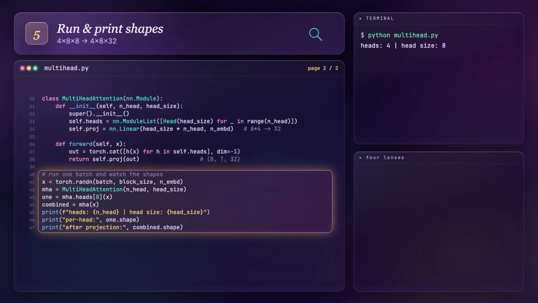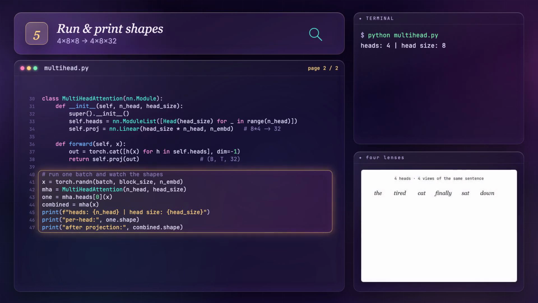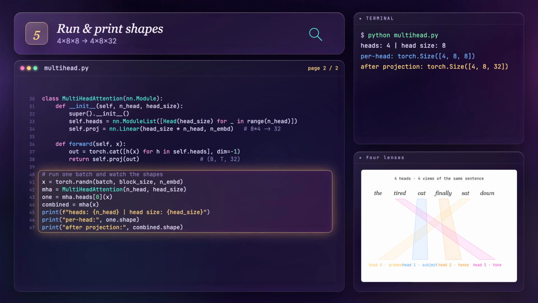Still page 2, the runner. We make a random input, batch 4, 8 tokens, 32 channels, standing in for a batch of embedded sentences. We build the module, then we peek at one single head on its own so we can print its shape. We grab the concatenated tensor and we run the full module.